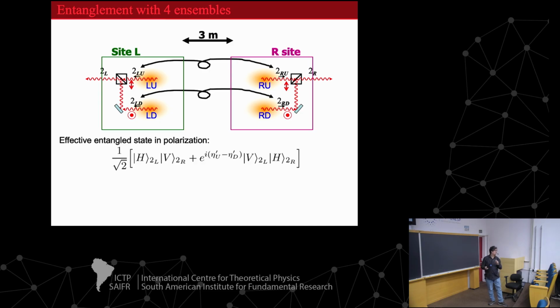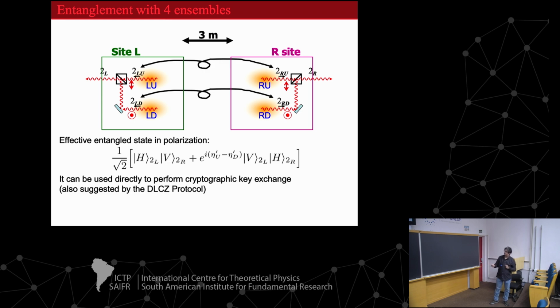That's typically much more well-behaved than a single phase that is free to move, okay? So this state can actually be used to perform quantum key distribution, and that was the idea from the original DLCZ protocol. Just to be a little more specific, why is this interesting?